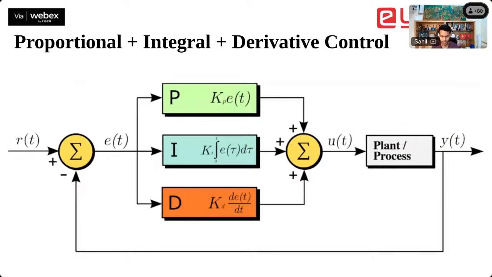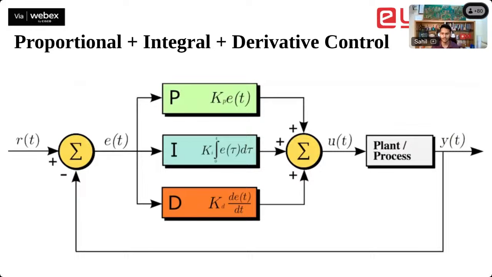It adjusts the output and gives the input to the plant or the process, and then the new error comes back as the feedback loop, as I explained earlier. So let's break it all down.